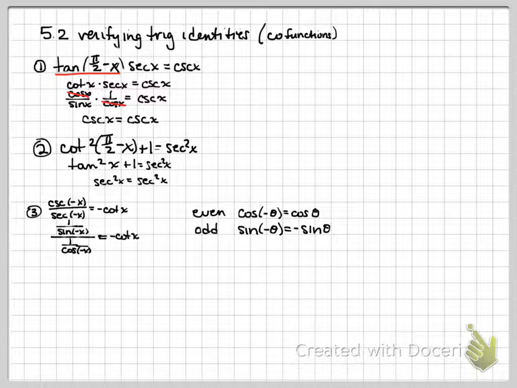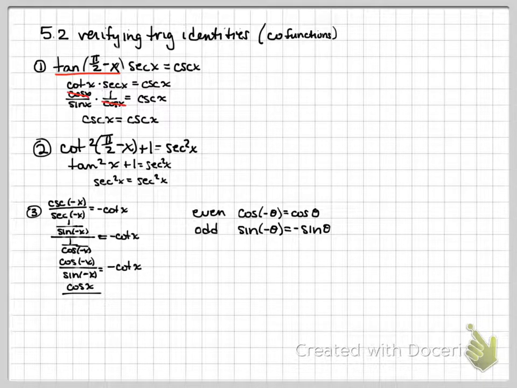Now if I flip my bottom fraction over, I'm going to end up with the cosine of negative x over the sine of negative x equals negative cotangent x. And we're almost done. If you remember what I wrote over to the side, cosine of negative x is just the same as cosine of x.